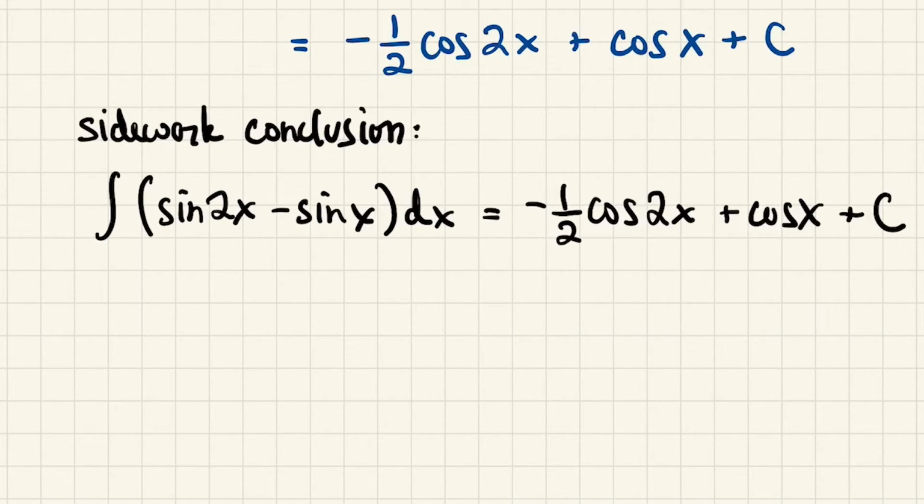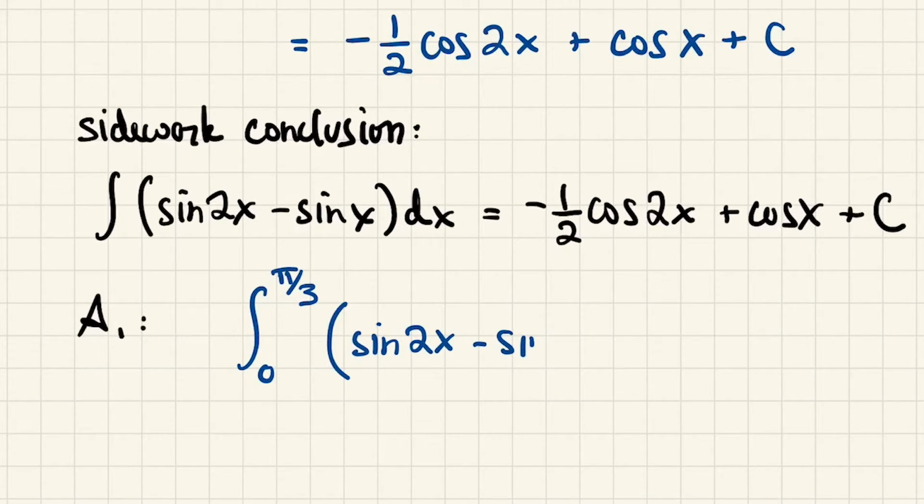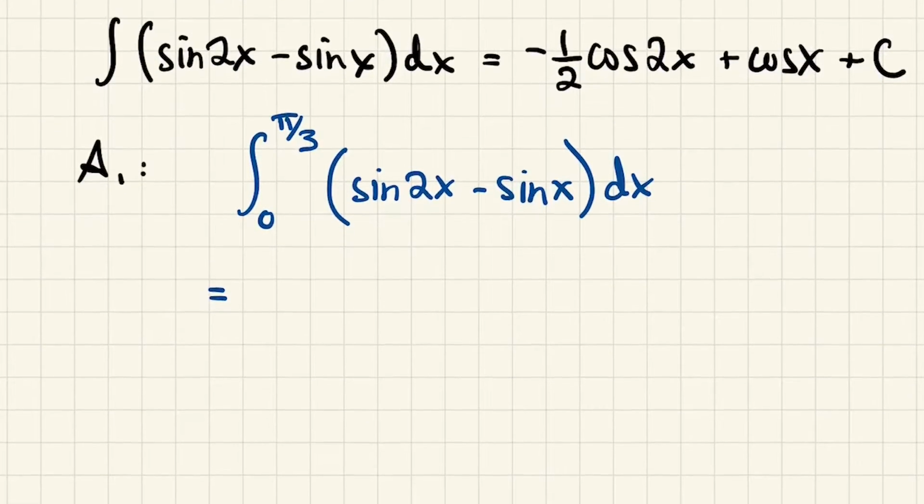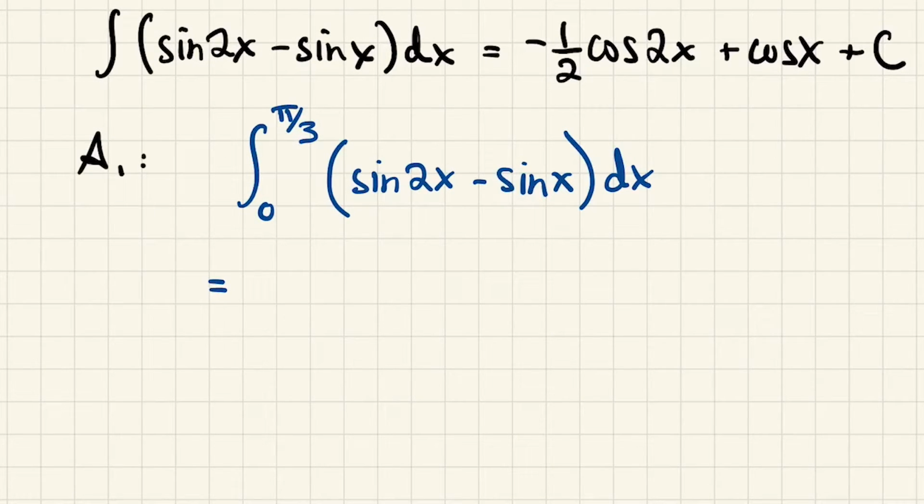Okay, and we're going to use this fact. Let's start by working out A1. So if you recall, A1 was the first region, and that was 0 to pi over 3 of the upper function, which is sine of 2x minus sine of x, dx. Well, we've already done the legwork here, working out this antiderivative.